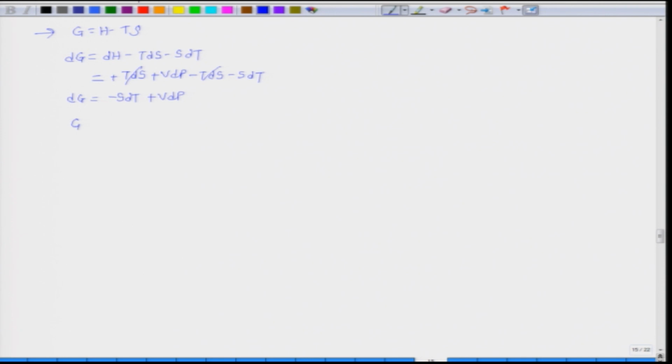So, now we have a state function which can be expressed as a function of T and P, and the criteria of equilibrium becomes, at constant T and P, the equilibrium state corresponds to minimum in G. G is the Gibbs free energy.